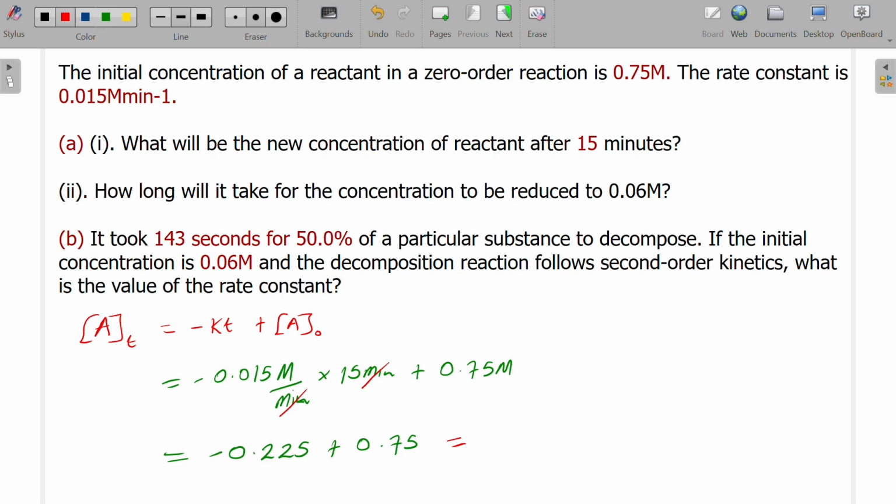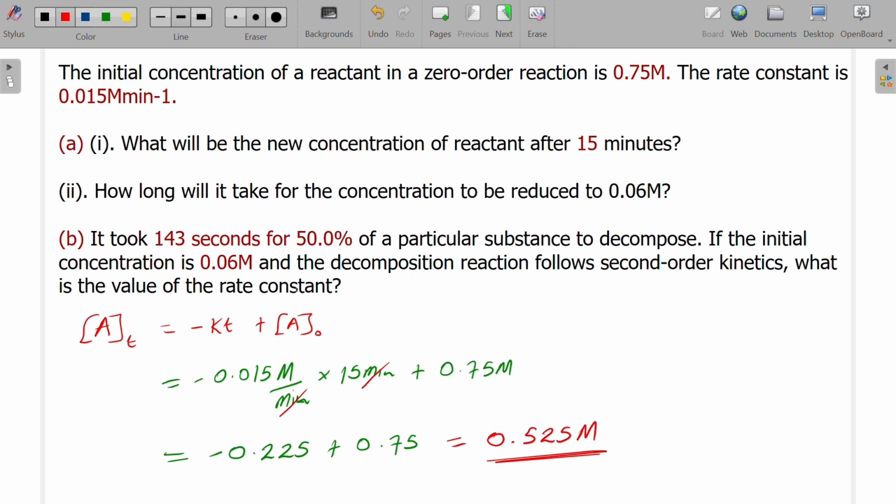When we say minus 0.225 plus 0.75, our final answer is 0.525, in the units of molar concentration. So that's our answer for the first part. After 15 minutes, our concentration will change to 0.525 molar.